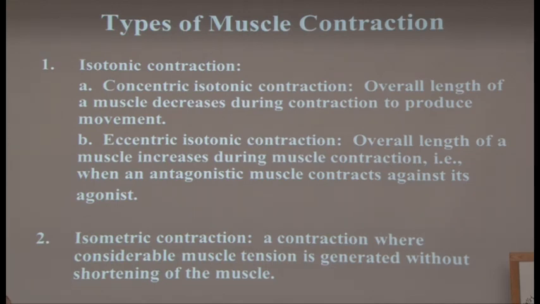So if we use the idea of a contraction as this interaction between actin and myosin, then we get out of that dilemma that contractions always mean shortening. Right? So in a concentric isotonic contraction, the overall length of a muscle decreases or shortens. In an eccentric isotonic contraction, the overall length of a muscle increases. But we're using the word contraction in both because it's referring to actin and myosin interacting.